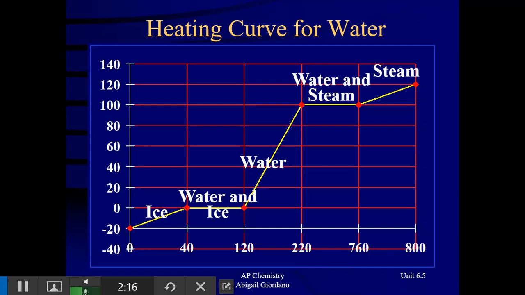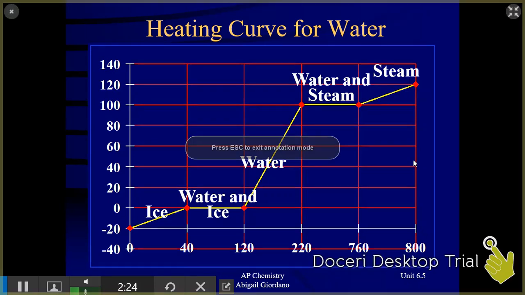And I've given you the example of a heating curve for water. So let's say that we take a block of ice directly out of the freezer, and it starts down here at a temperature of negative 20 degrees Celsius. And I put it out on the kitchen counter.